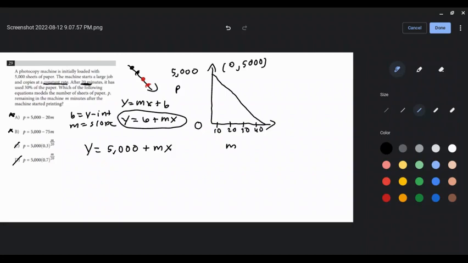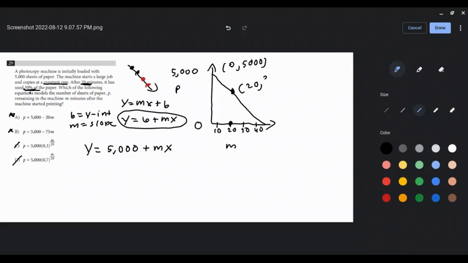It says after 20 minutes, so that's right here, 30% of the paper has been used. So for our points here, 20 is the x value because it's 20 minutes.